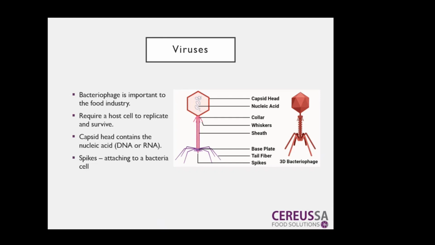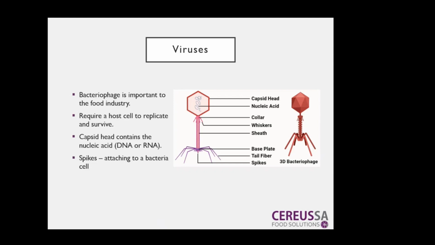Of particular importance to the food industry is a virus called the bacteriophage. Now, the bacteriophage is a virus that attacks bacteria cells. A virus always requires a host cell to replicate and survive. So without a host cell, or without a bacteria cell that it can grow in, it cannot live.